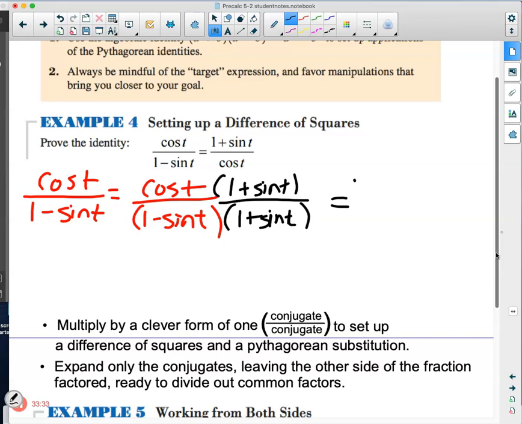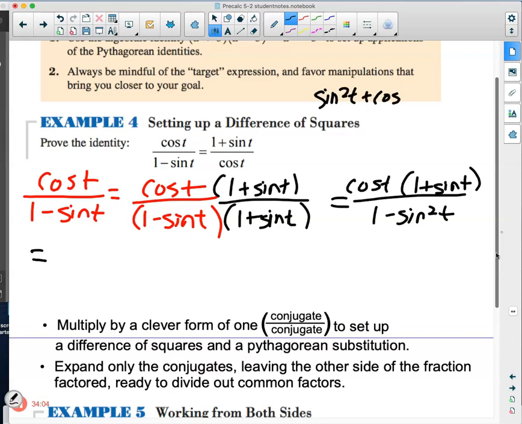So up here on the top, I've got my little cosine of t times 1 plus the sine of t. And on the bottom, sum and difference pattern, I will now have 1 minus sine squared t. Hey, 1 minus sine squared t. Isn't that just our Pythagorean identity, sine squared plus cosine squared equals 1, manipulated a little bit? So if we subtracted sine squared from both sides, that'd give us cosine squared, right?